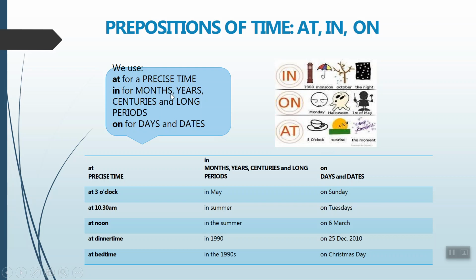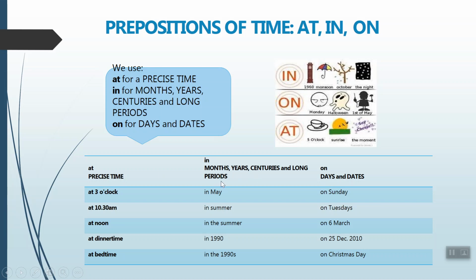In for months, years, centuries, and long periods. On for days. For example, at 3 o'clock, at 10:30 a.m., at noon, see you at noon, at dinner time, at bed time. You see, precise, يعني وقت دقيق.